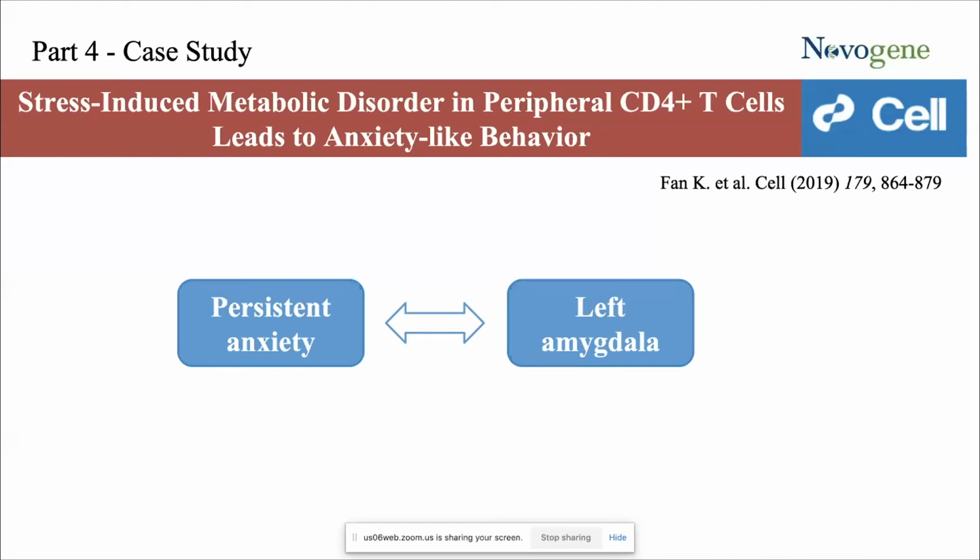This study utilized a lot of different molecular biology and genetics techniques, and we will focus on the 10x single-cell RNA sequencing part. To start off, previous studies have suggested a link between persistent anxiety and the left amygdala region of the brain. The authors asked a simple question: which cells in the left amygdala are responsible for anxiety-like behavior?